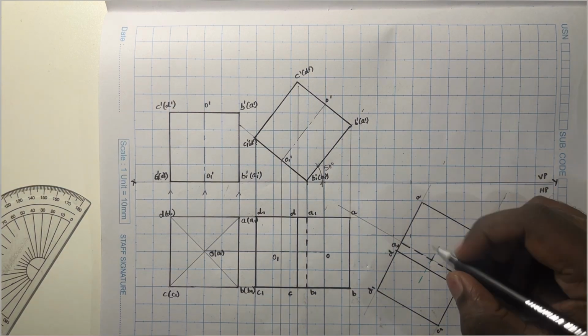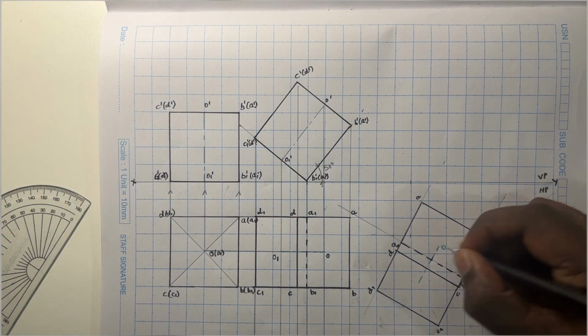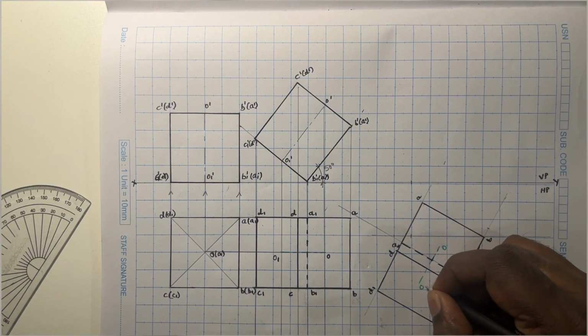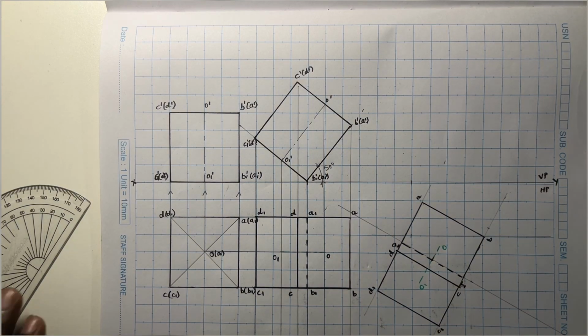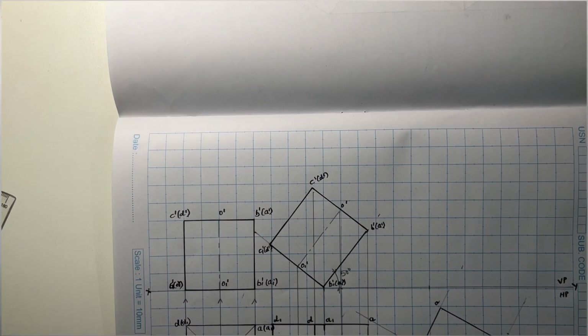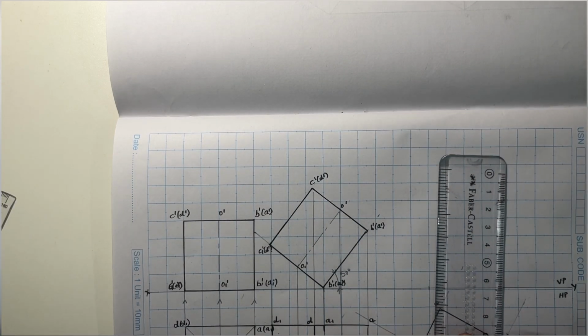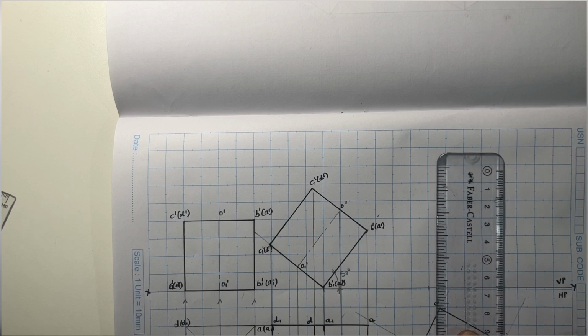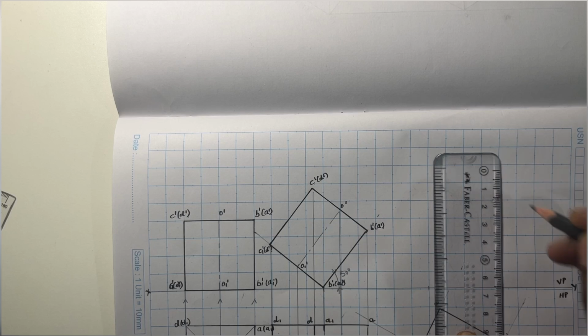Now let me annotate the point. This is O, the axis point on the top face, and O1, the axis point on the bottom face of the cube. Now let me extend the projection lines and complete the front view of the cube. To do that, let me draw the vertical projection lines first. I'll go from the top face. From the corner B, I'm going to draw one vertical projection line.